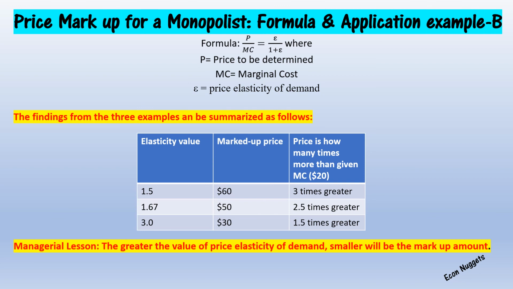In other words, when the elasticity value is smaller, the seller has more markup opportunity and can sell at a higher price relative to the marginal cost. And when the product's price elasticity of demand is higher, the seller will have a smaller amount of markup relative to the marginal cost of the product.